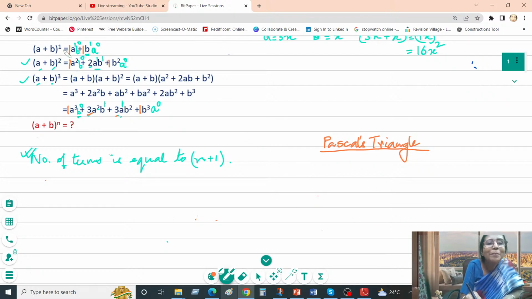So a plus b to the power of 1, the coefficients are 1 and 1. There are only two terms. Therefore, I write 1 and 1. This corresponds to a plus b raised to the power of 1. This is the first row.